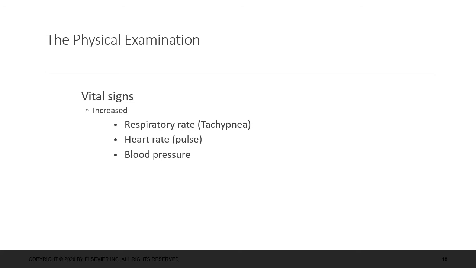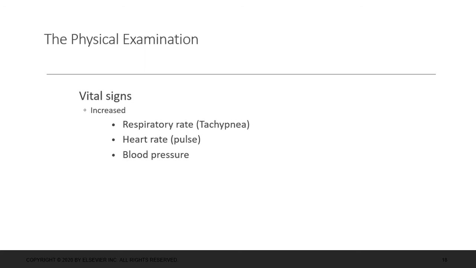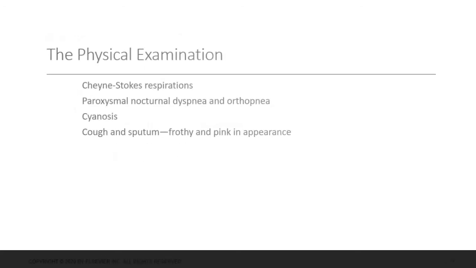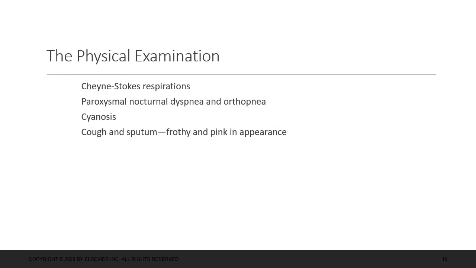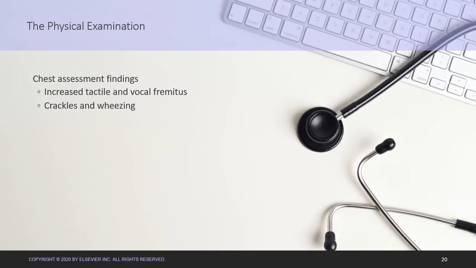Increased respiratory rate, heart rate, and blood pressure. Cheyne-Stokes respirations, paroxysmal nocturnal dyspnea and orthopnea, cyanosis, frothy and pink secretions, possibly increased tactile and vocal fremitus, crackles, fine crackles, and wheezing.